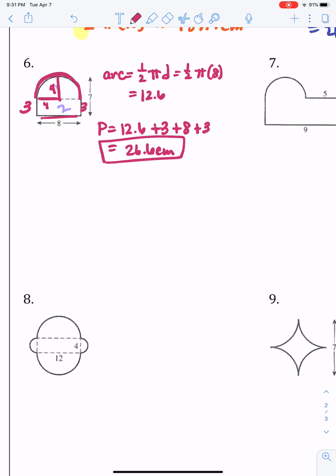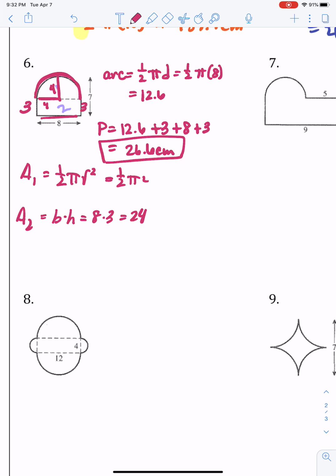Now area, I have to do two pieces. I have to do the area of shape 1 and area of shape 2. Area of shape 2 is really easy. That's base times height. That's 8 times 3. That's 24. But the area of the circle is half pi r squared.